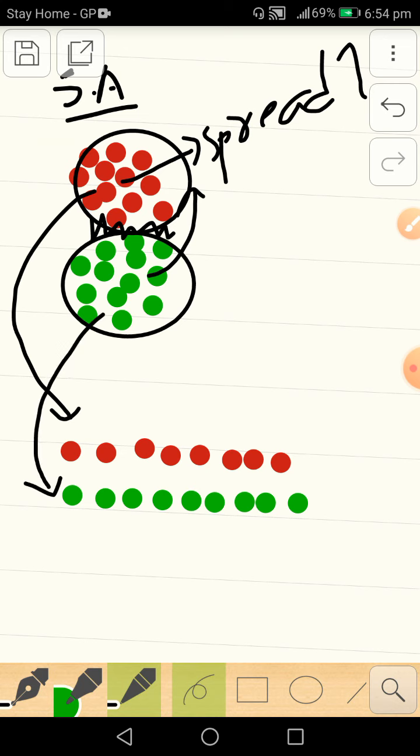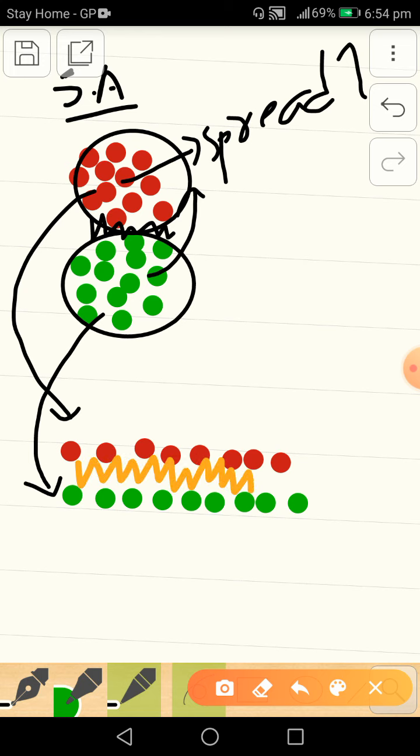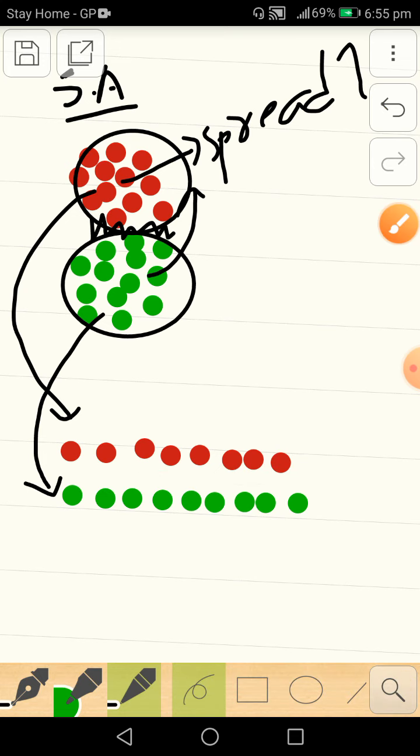Now look at the amount of contact they are able to carry out. They are able to collide over a larger area, do you agree with me? So the contact area between the particles is now larger. That means they can come into contact more often, so the amount of contact and collision between the particles would increase.